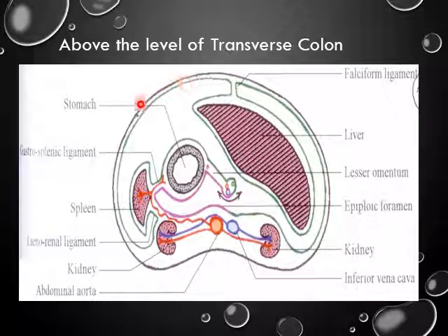So, it moves on to the left side, comes back and covers the anterior surface of the left kidney. This one is the left kidney, and then moves on to cover the whole of the spleen. Next it goes on to cover the anterior superior surface of the stomach and becomes the anterior layer of the lesser omentum.